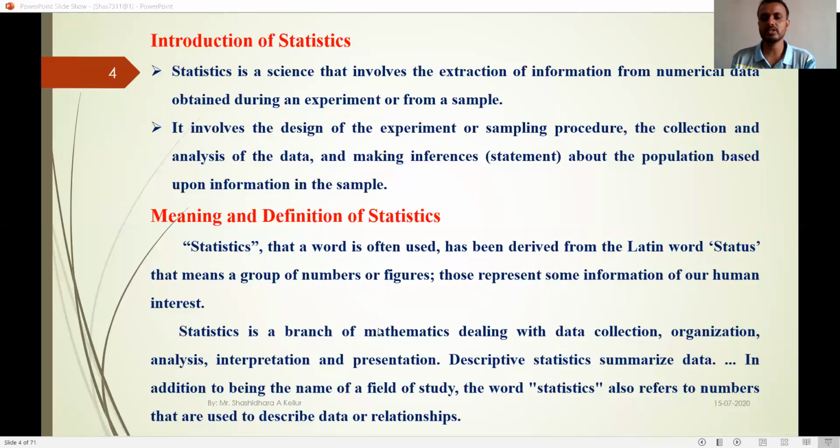Statistics is a branch of mathematics dealing with data collection, organization, analysis, interpretation, and presentation. Descriptive statistics summarize the data. In addition to being the name of the field of study, the word statistics also refers to numbers that are used to describe data or relationship.